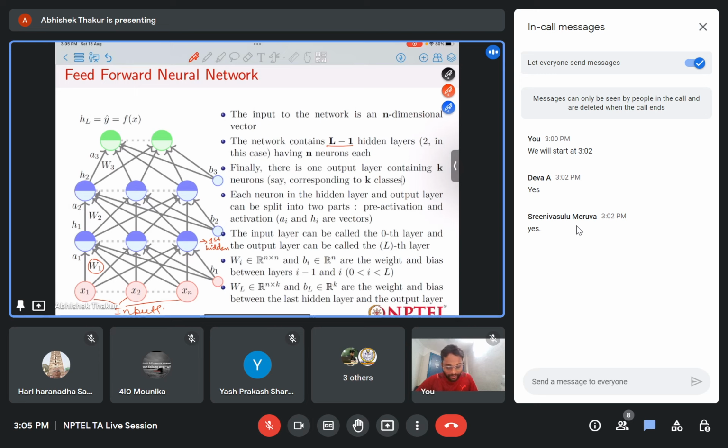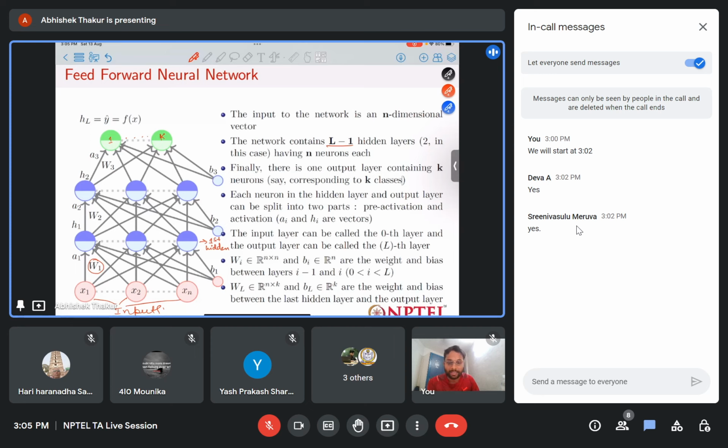Finally, in the output there are K classes, which means there are K neurons in the output, 1 up to K.